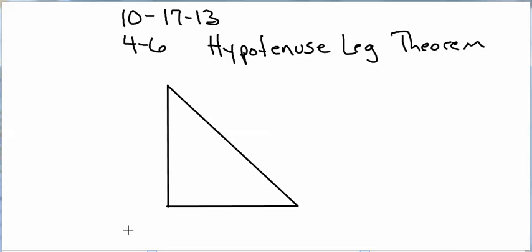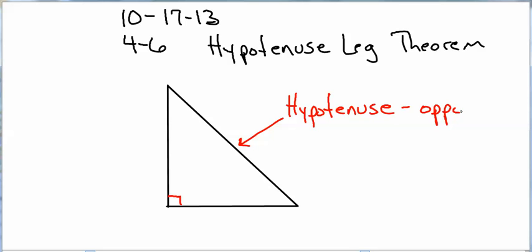Let's talk about a right triangle first. The side in a right triangle that's opposite the 90, that's always called the hypotenuse.